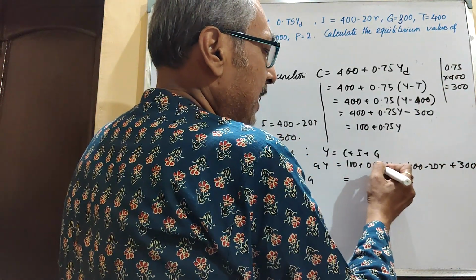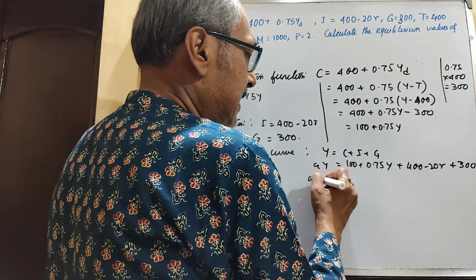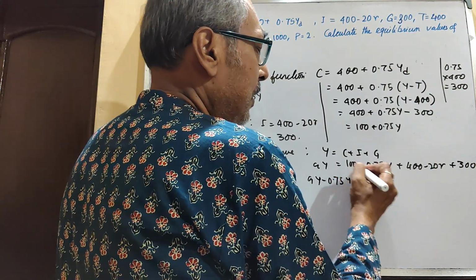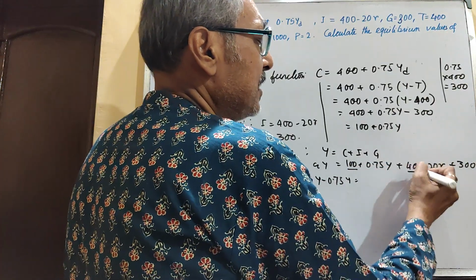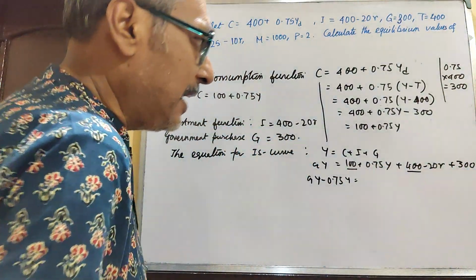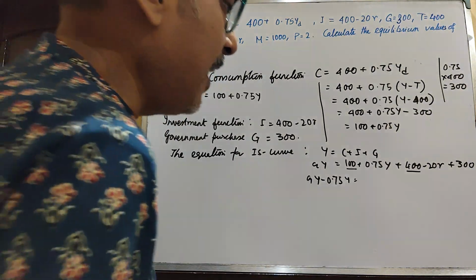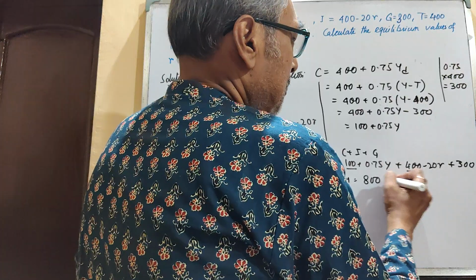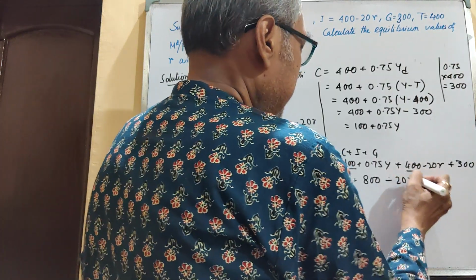Now I take 0.75Y on the left hand side: Y minus 0.75Y equals this 100 plus this 400, that is 500, plus 300, that is 800, minus 20r.